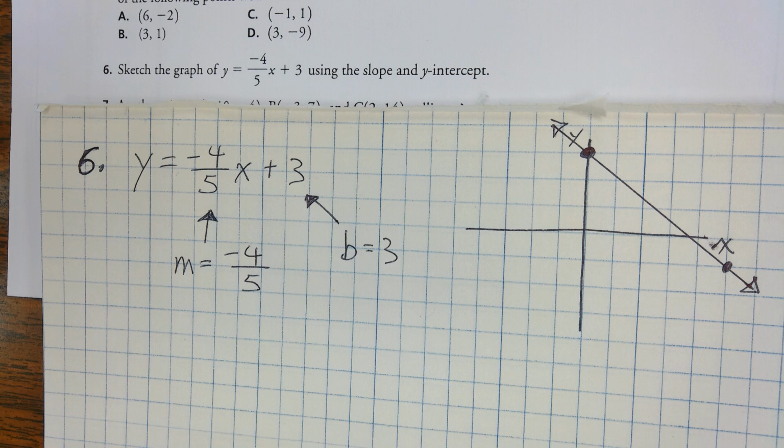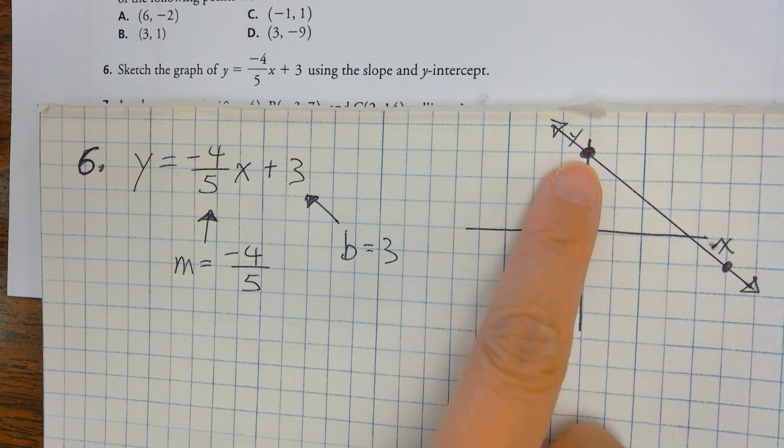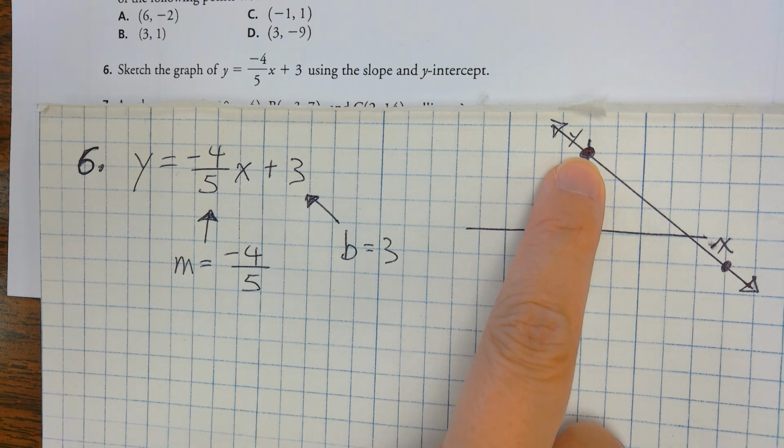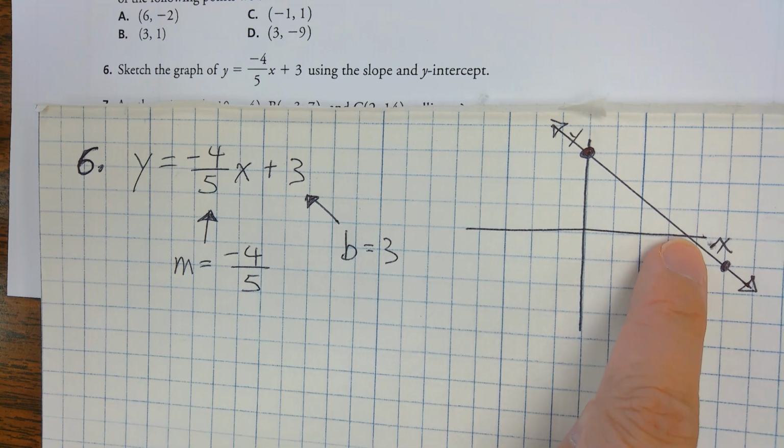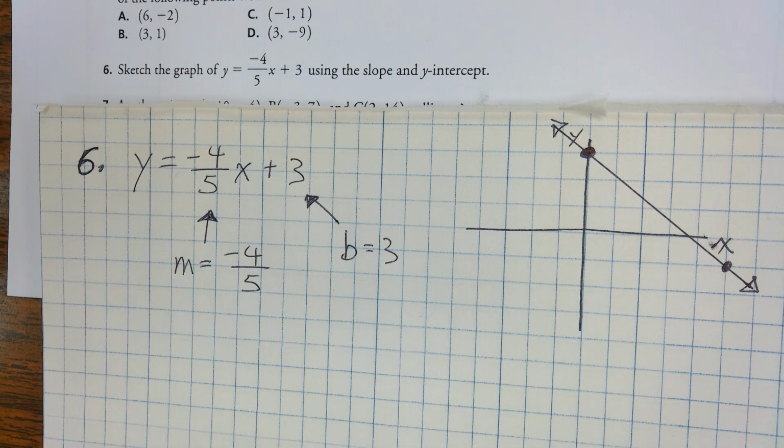What's another way to graph a line? What is this point? My y-intercept. What is this point? Yeah, the x-intercept. So the second way is I could do my x and y-intercept and then get the 2 points to graph the line.